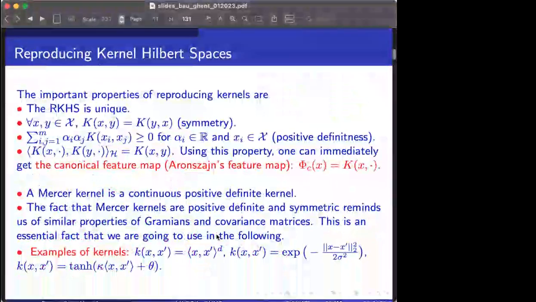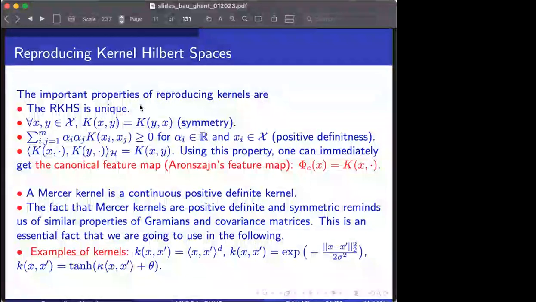There are a few important properties. The RKHS is unique: given a kernel, we have a unique RKHS associated to it. The feature map is not unique, so we can have many feature maps for the same RKHS, but the kernel is unique.